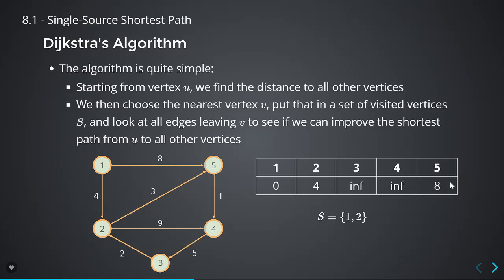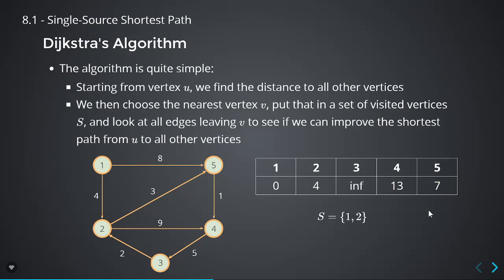So I can improve this to 7. And also from 2, I can go to 4, it will cost me 9. Whereas when we first started out, we couldn't even get to 4, so we say infinity here. So now I can improve that to 13. That becomes 13, and that becomes 7.